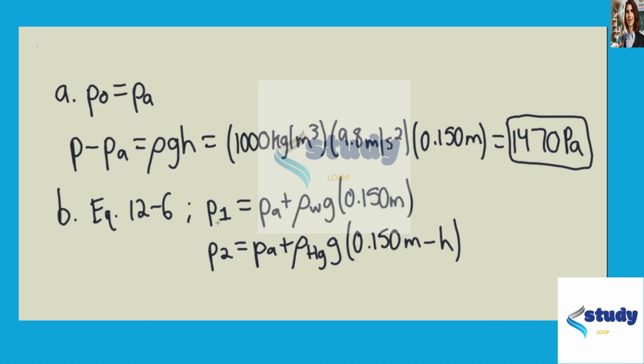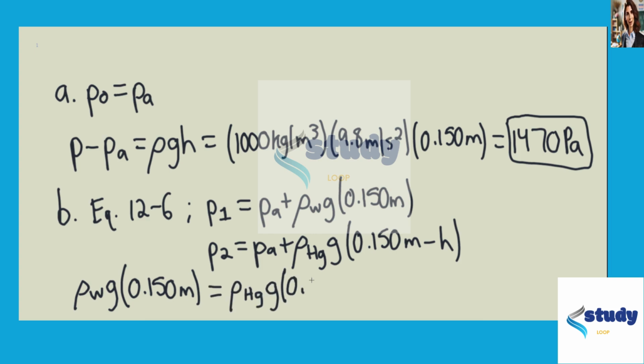Knowing that P sub 1 equals P sub 2, we can get that the density of the water times g multiplied by 0.150 meters equals the density of mercury times g multiplied by 0.150 meters minus h.